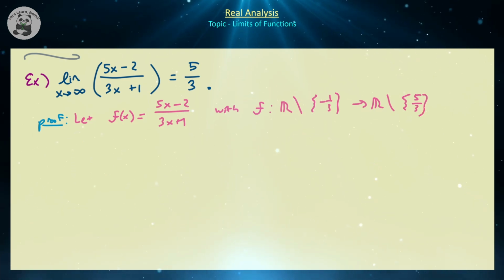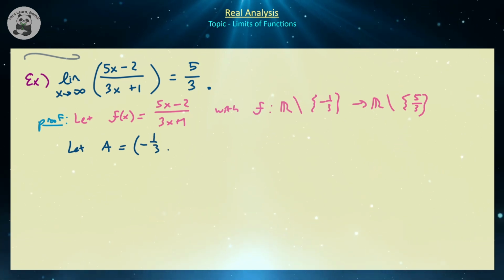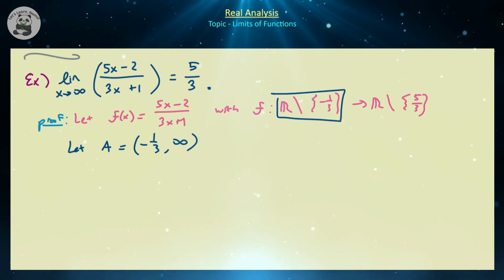You should be able to show that 5/3 does not belong to the range of this mapping, but that's another exercise for another day. So we're going to let a be equal to minus 1/3 to infinity. So one could just replace this with this particular a.